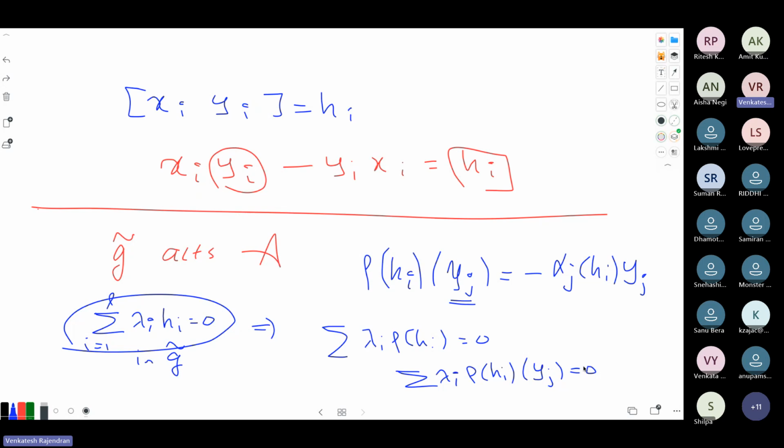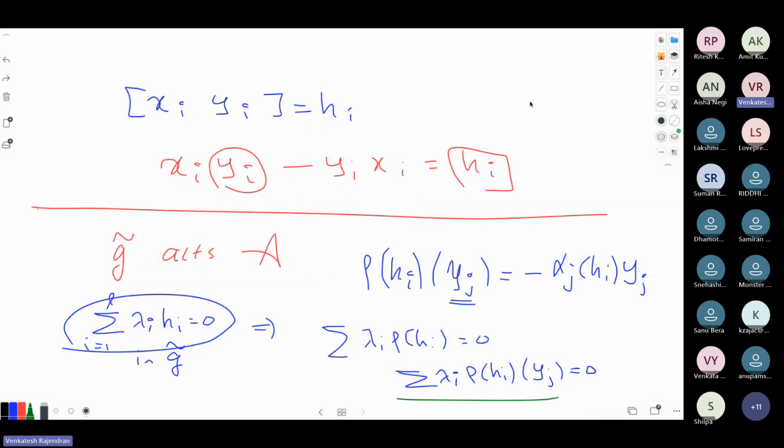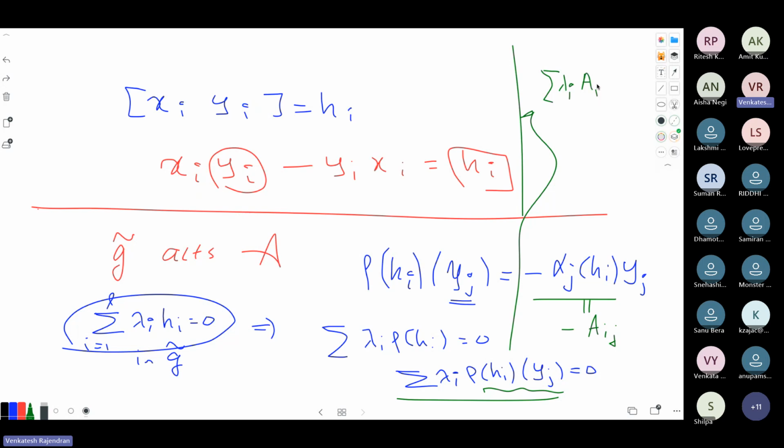But then what does it give? So if you take this and rewrite it, summation lambda i, this part will become minus alpha j of Hi, which is nothing but minus Aij. The minus part you can forget, then it gives Aij, and then it is Yj.